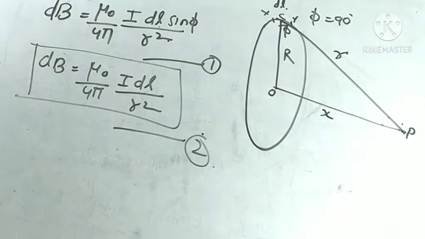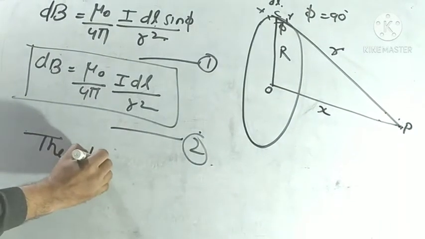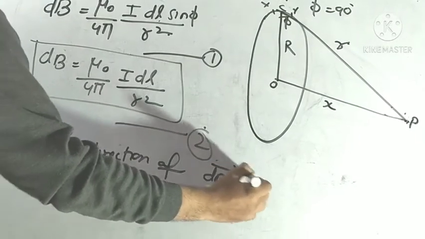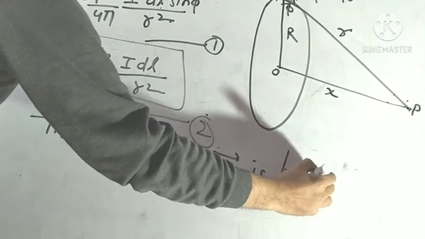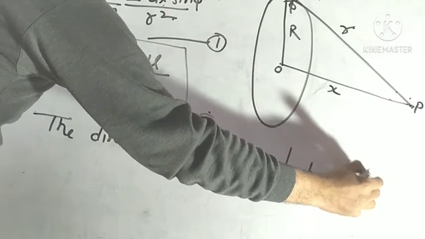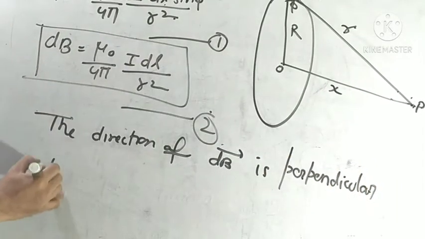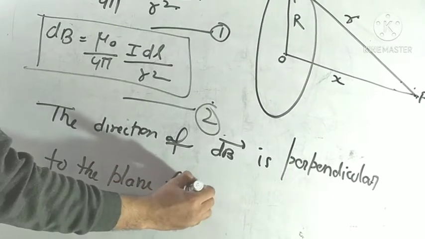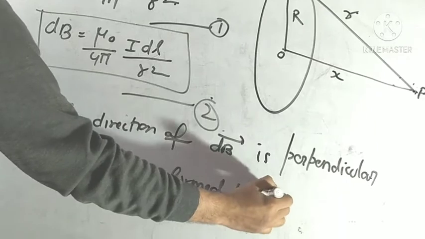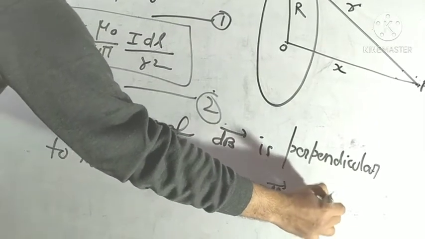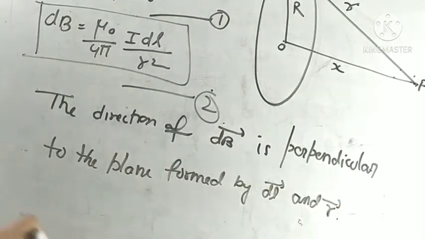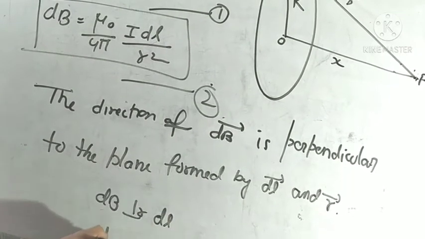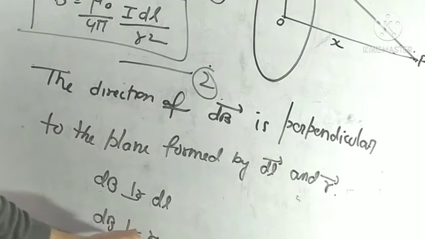Here the direction of dB is perpendicular to the plane formed by dl and r, so dB is perpendicular to dl and also perpendicular to r.